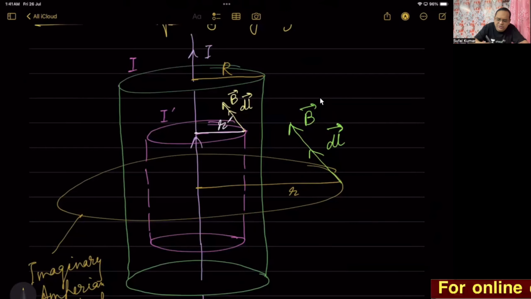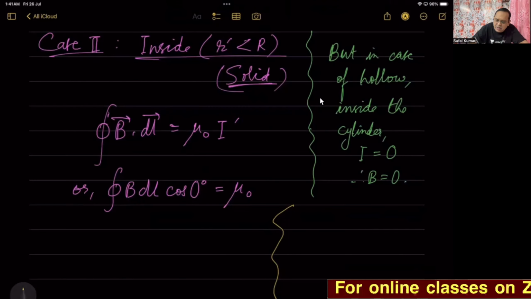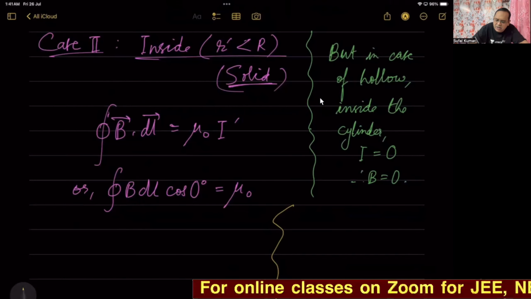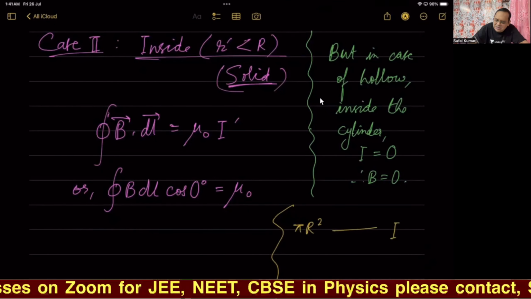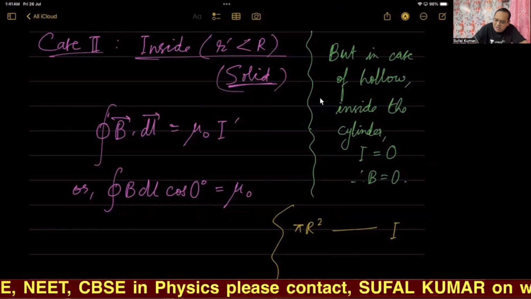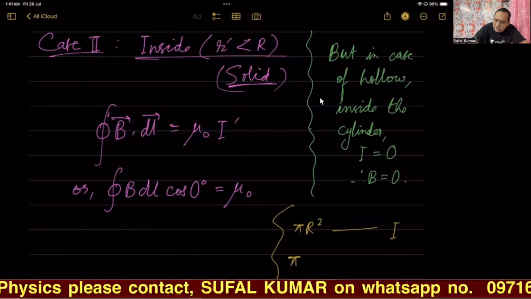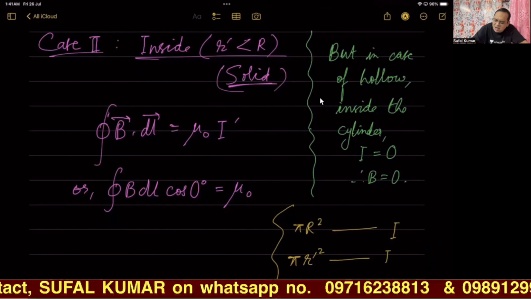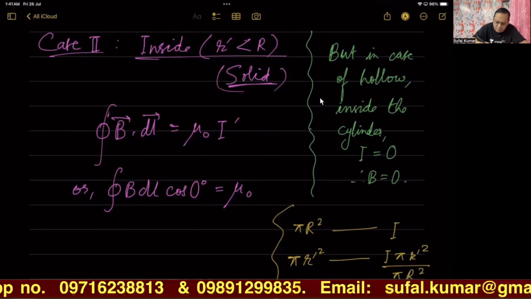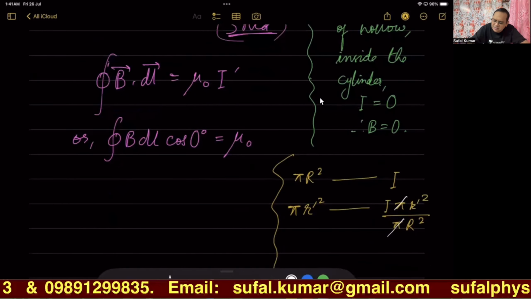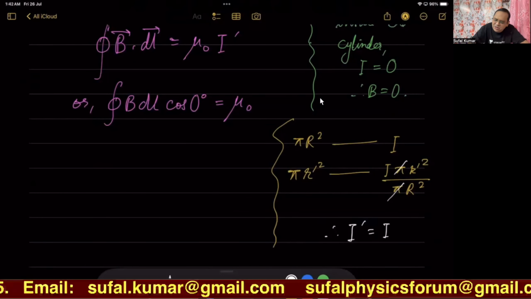If the cross-sectional area is pi r square, the current was I. Then in the situation when the cross-sectional area is pi r dash square, it is I times pi r dash square upon pi r square. Pi will cancel, therefore I dash is equal to I r dash square upon r square.